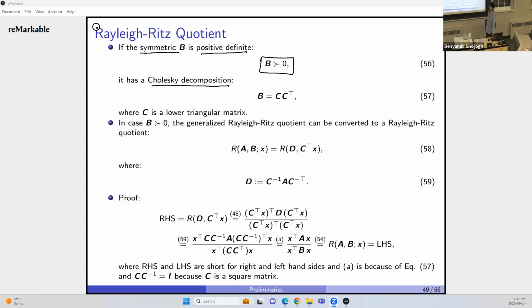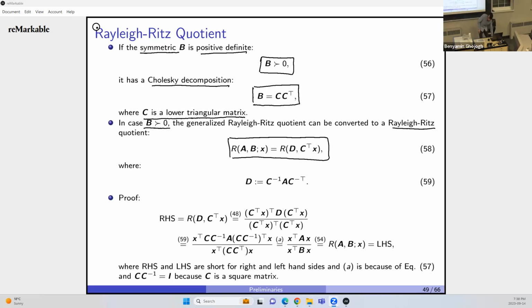One of them is Cholesky decomposition. However, for Cholesky decomposition, the matrix needs to be symmetric and positive definite. So as it is, I can write B as C C transpose. According to Cholesky decomposition, C is a lower triangular matrix. What do I mean? It's a triangular matrix where the upper triangle is 0. In case B is positive definite, the generalized Rayleigh-Ritz quotient can be converted to a Rayleigh-Ritz quotient in this way.